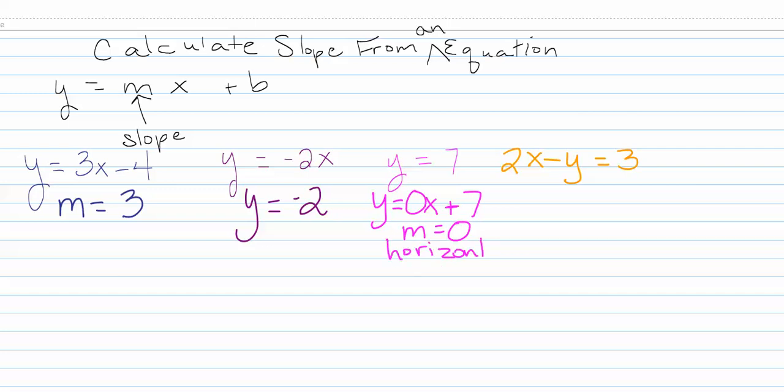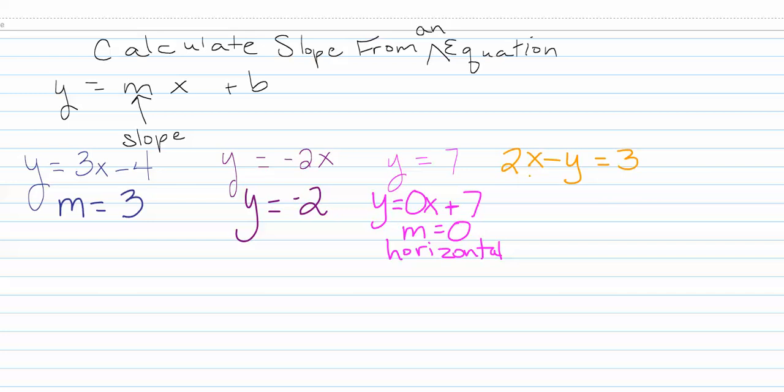Now this equation over here, many people would be tempted to say that the slope is 2 because they look at the number in front of x, they see it's a 2, and they're done. The only problem with that, though, is that this equation in the orange is not in the form y equals. Y is not alone.